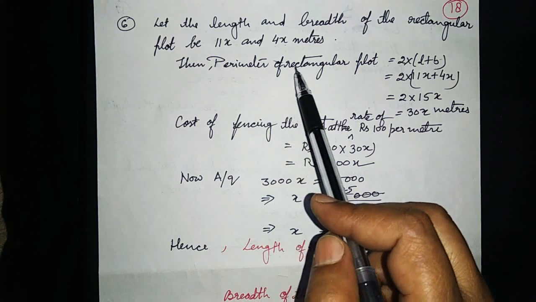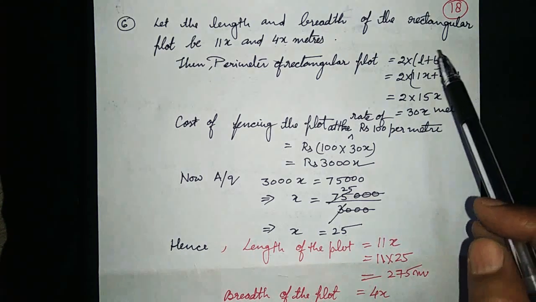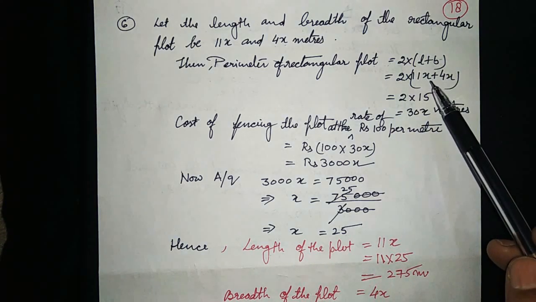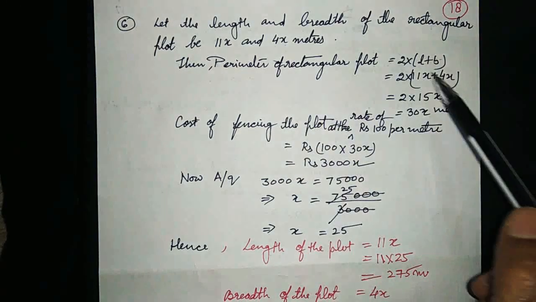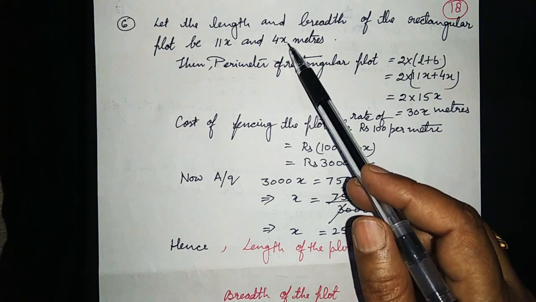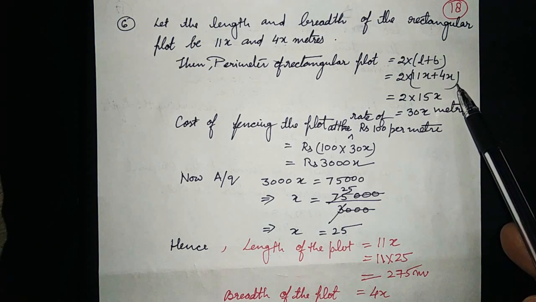The perimeter of a rectangle is 2 times (length plus breadth). So, 2 into (11x plus 4x).